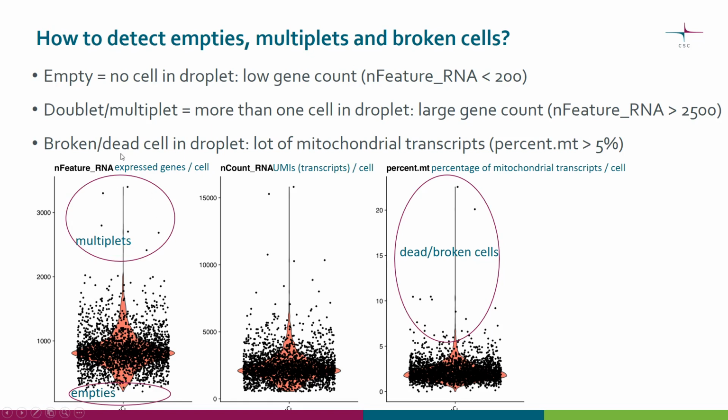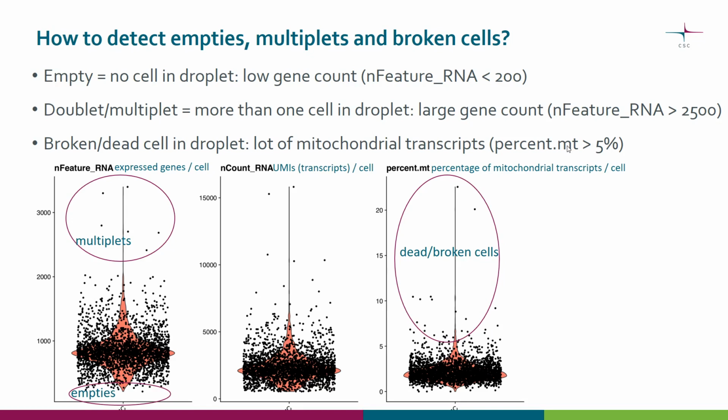Now, it could be that we have one cell in a droplet like we should, but then that cell is broken or dead. The way to recognize that situation is to look at the percentage of mitochondrial transcripts. How big a percentage of all the transcripts in a cell are actually mitochondrial? Why is this related to the happiness of the cell?